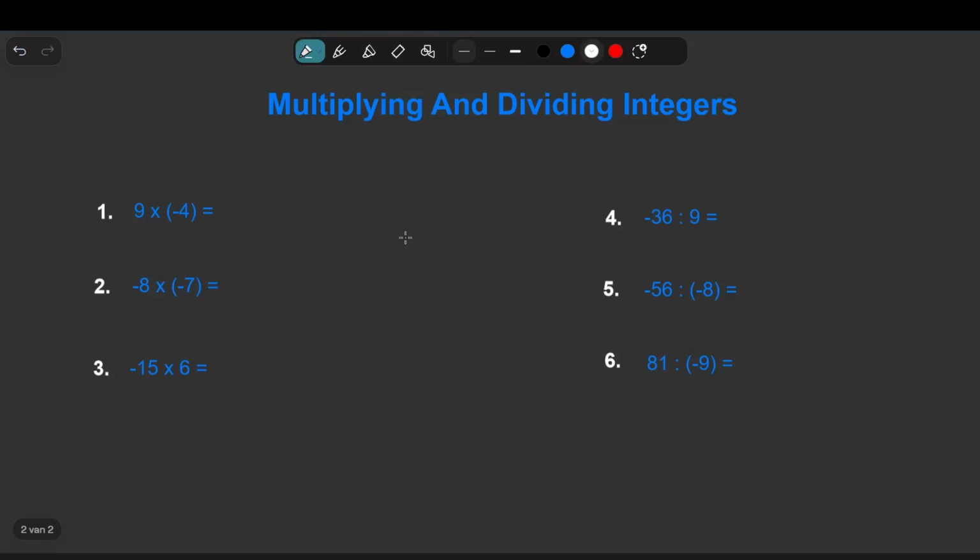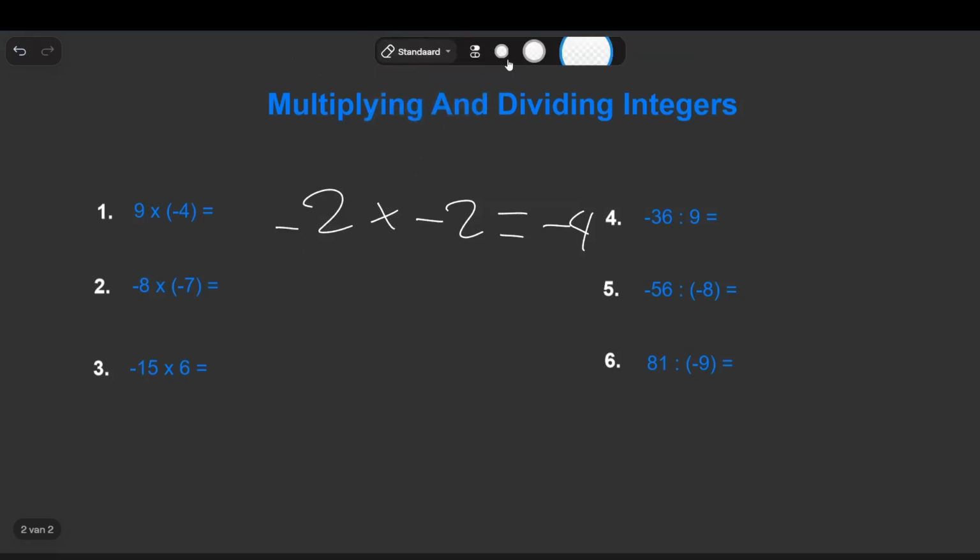So now for the second case, if the numbers have different signs, your answer will always be negative. That means a positive times a negative is going to equal a negative number. And of course, a negative times a positive is going to equal the exact same answer, as you can see.